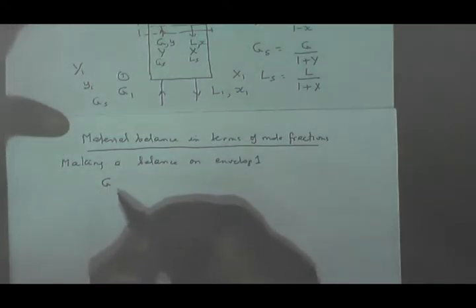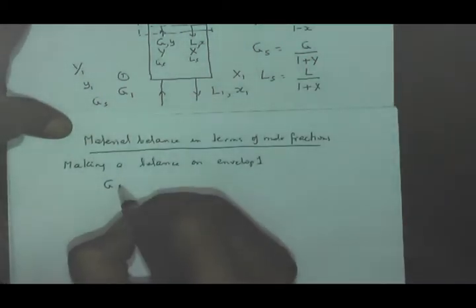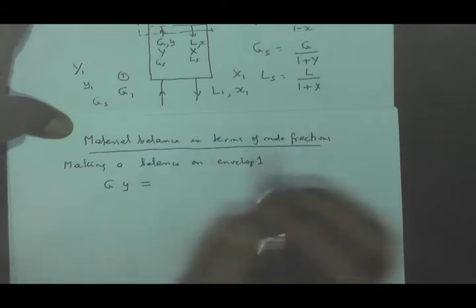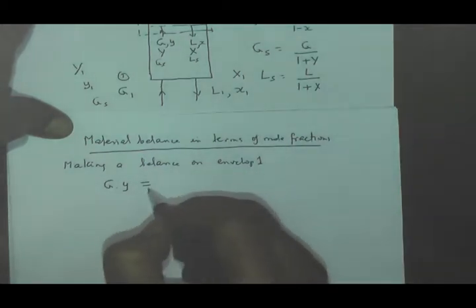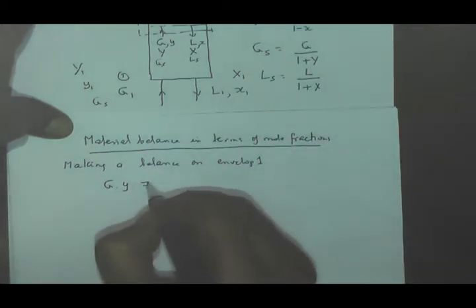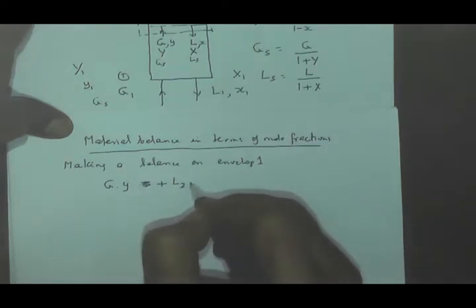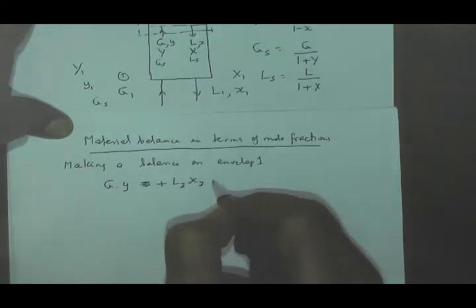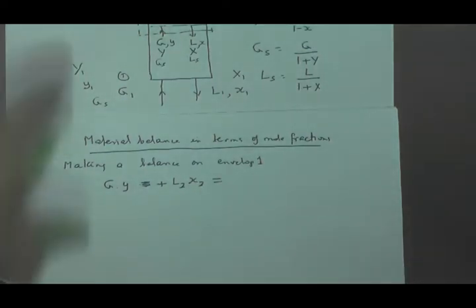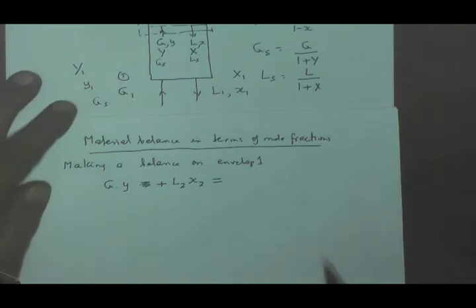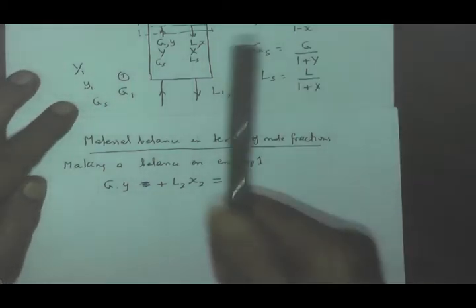In envelope 1, it is G times y plus L2 x2 is equal to, what is going out?